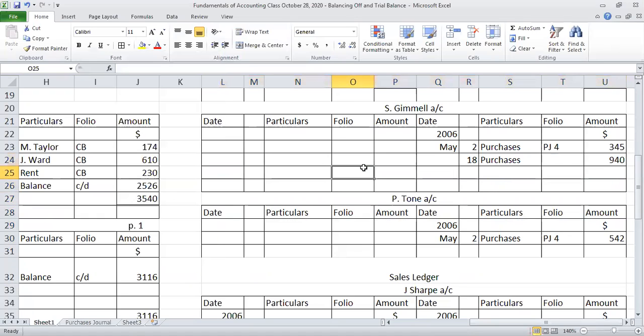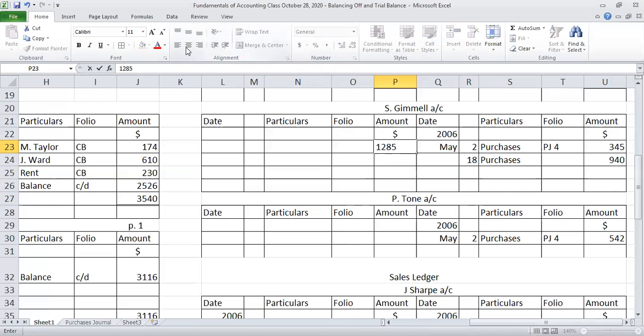All right, so we're going to add up the SGML account now. Add up the credit side first, in this case 345 plus 940, and that will give you 1,285. There's zero on the other side, so you simply put in the 1,285.